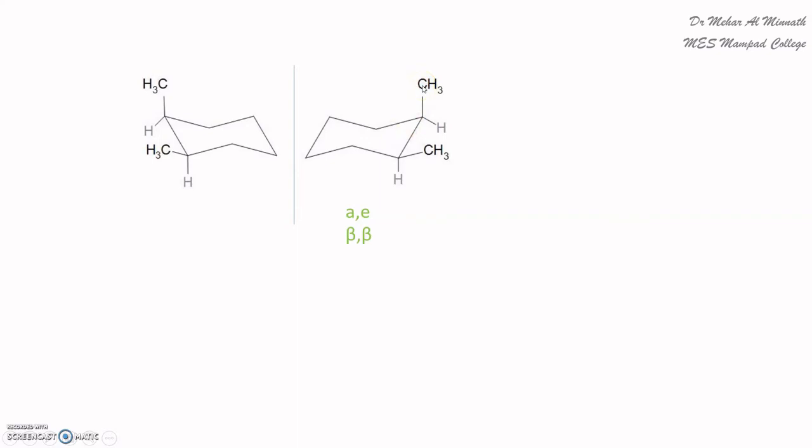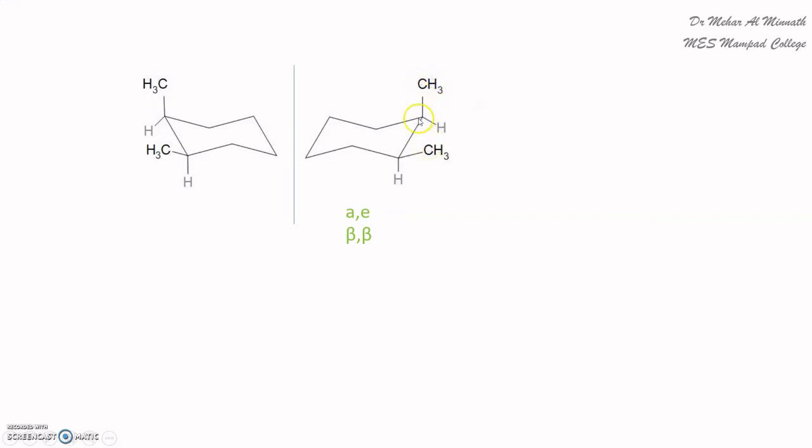If this is carbon 7, you are taking 7, 1, 2, 3, 4, 5, 6, and you reach here. Alright. Just make sure that you reach the next substituent at the earliest.